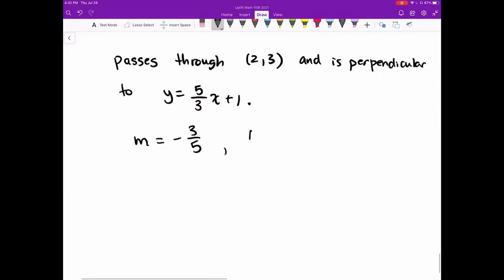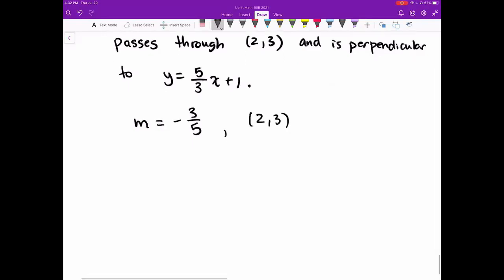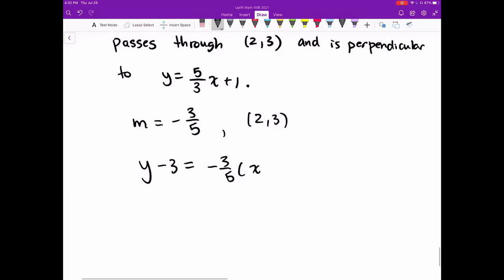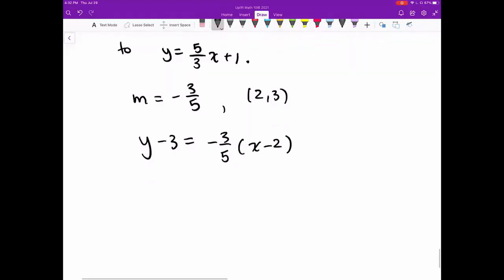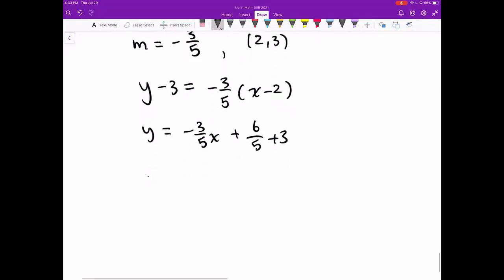It passes through (2, 3), so we can substitute: y minus 3 is negative 3 over 5 times x minus 2. So we get y is negative 3 over 5x plus 6 over 5 plus 3, so y is negative 3 over 5x plus 21 over 5.